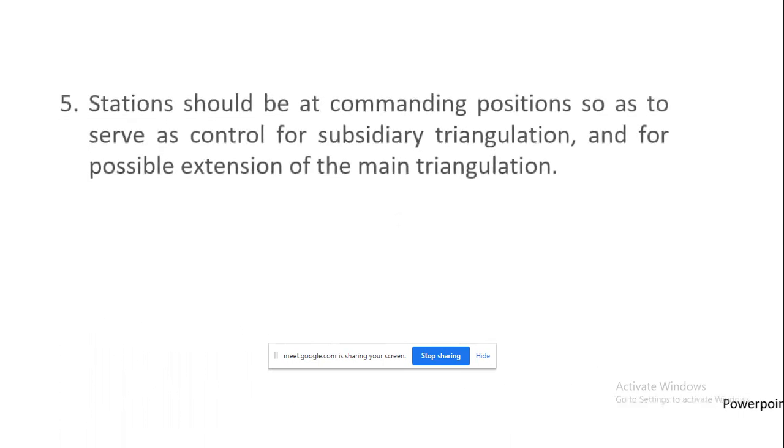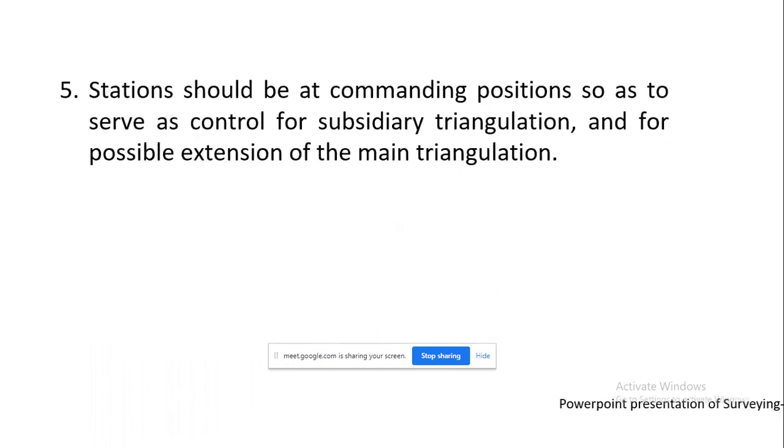Next criterion is that the station should be at a commanding position so as to serve as a control for subsidiary triangulation, and for possible extension of the main triangulation. Means what? As I told you, if the length of one side of the triangle is 12 kilometers, the second is 10 kilometers and the other is 13, both the stations should be in such a position that if I am interested in going from primary triangulation to secondary triangulation, I can mark a second triangle between them, that is subsidiary.